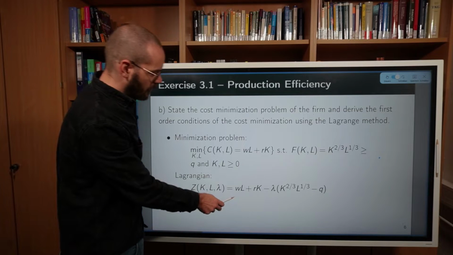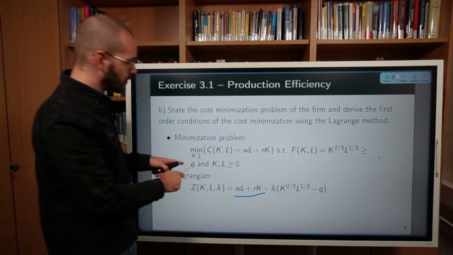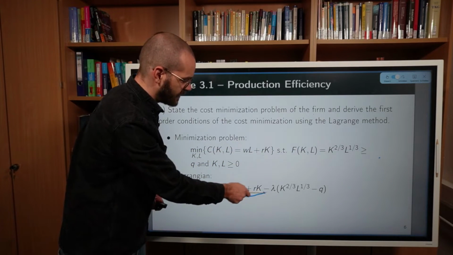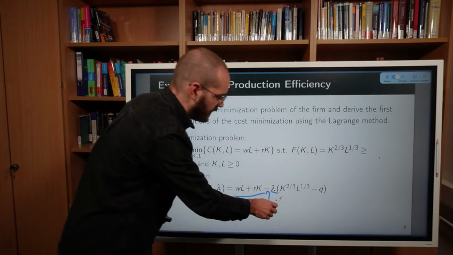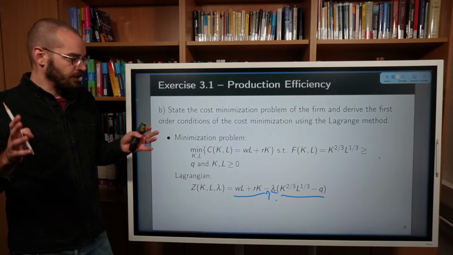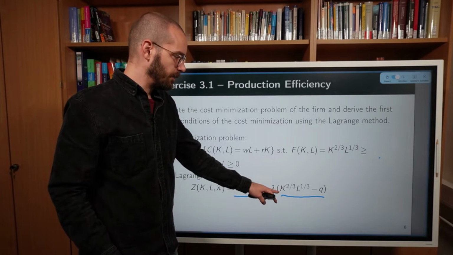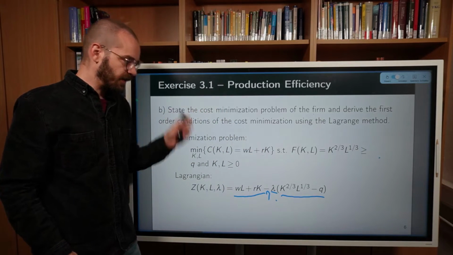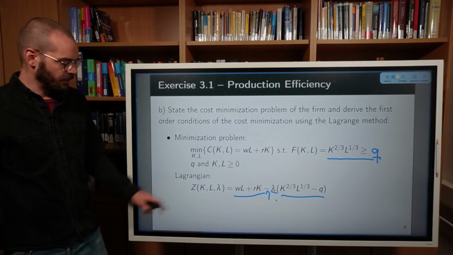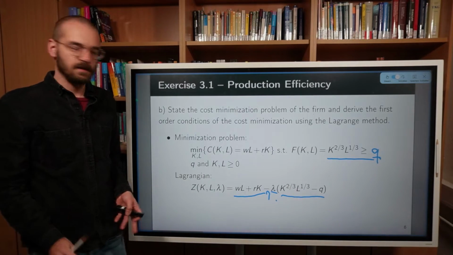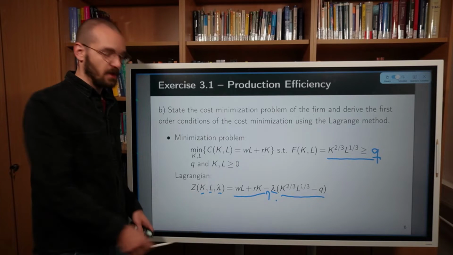Where we have the cost function in the first part, and then because of the way we choose to rearrange it, we have this expression minus the Lagrange multiplier lambda, and in the braces, we have the condition we stated earlier. All right, so this is the Lagrangian, which we will call z, a function z, which is a function of capital, labor, and then the Lagrangian multiplier.